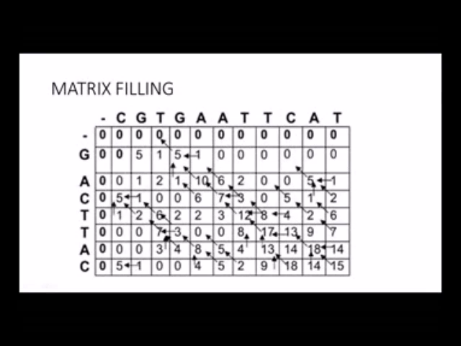And similarly, G and G, this is a match. According to the scoring system we have considered here, the match value is +5. Then comes insertion and deletion, where a negative value rises. Write down the maximum positive value, it is +5, and the arrow mark has to be put down. Similarly, the table is filled according to the scoring system.